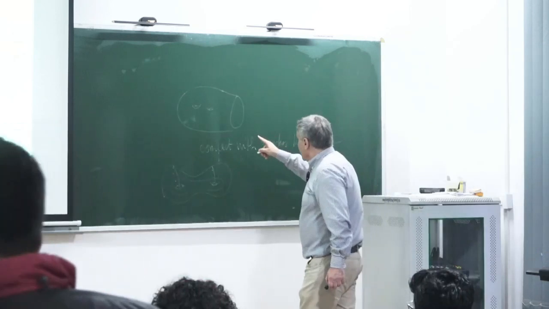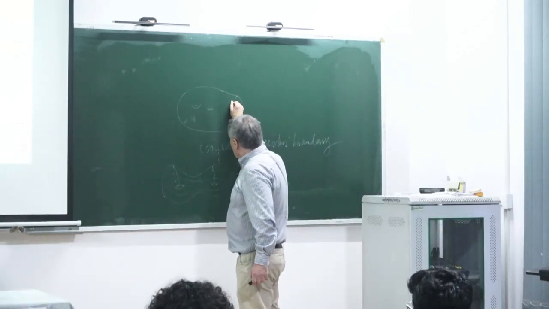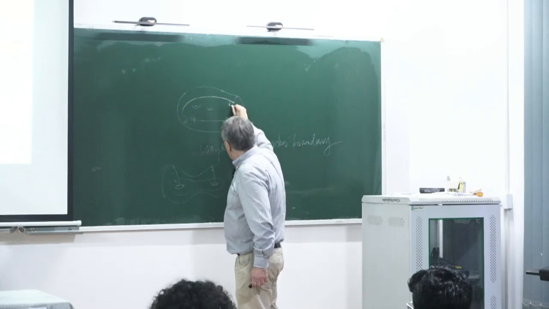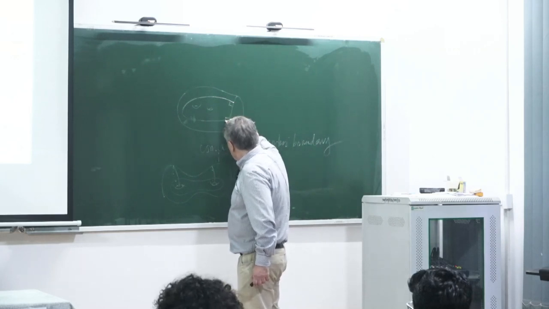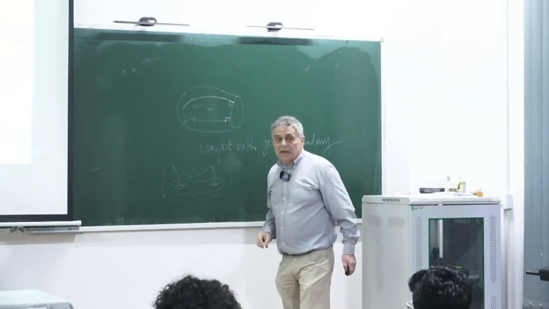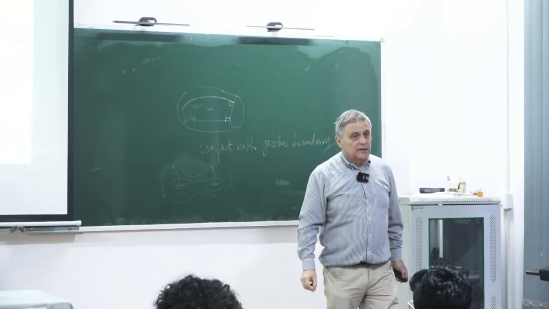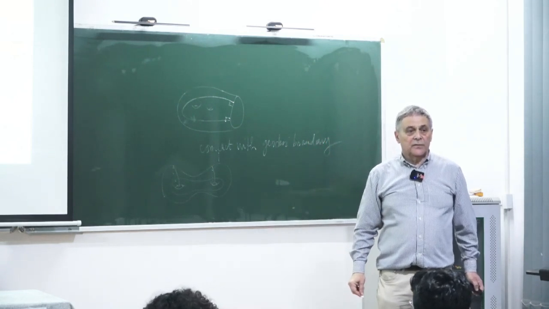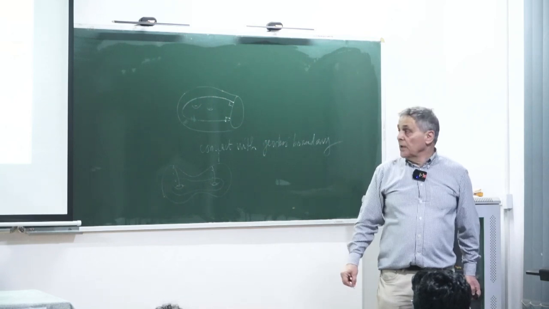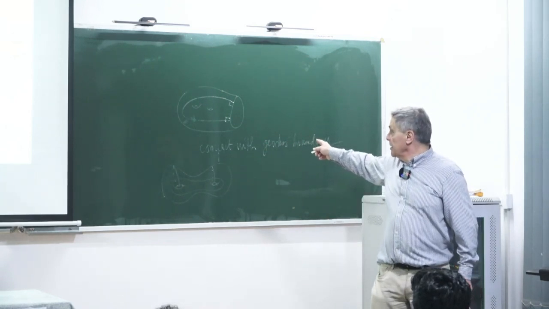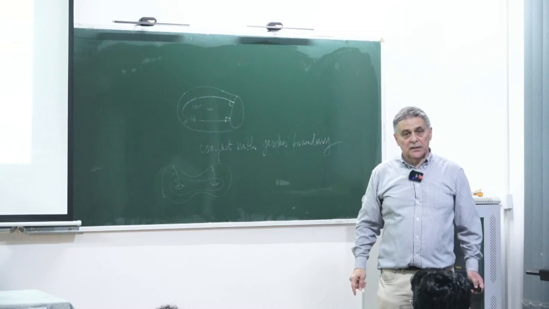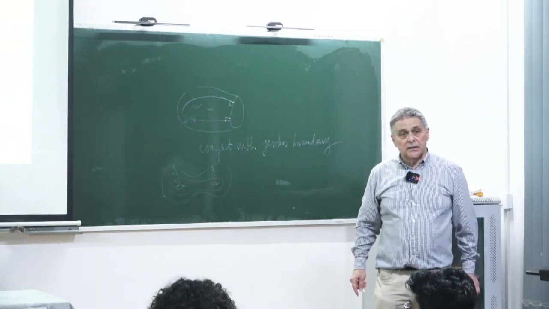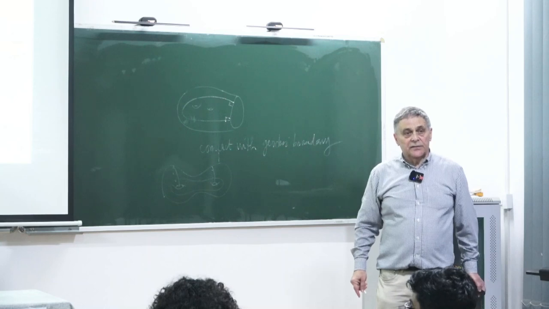Here, for surfaces with boundary, you have to include these geodesic arcs, which are perpendicular to the boundary. So it's a different theory. When you deal with surfaces with boundary, you obtain different theorems. There are new difficulties, which is very interesting, in fact.